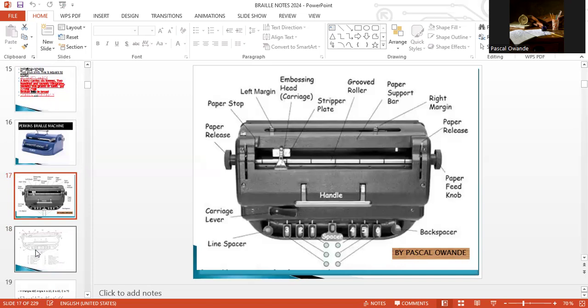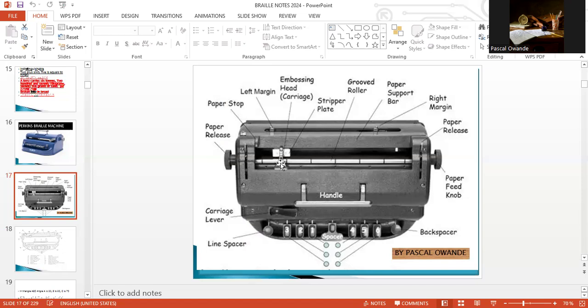It has the top, it has two sides, it also has the back plate, the front plate here, and then the bottom. The bottom is just a wooden part, and the most current, modern ones have a plastic bottom.